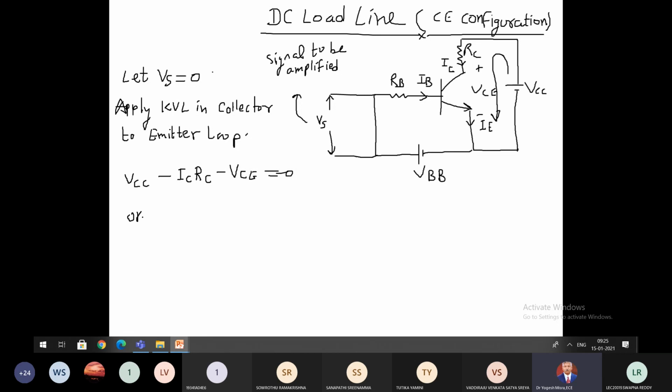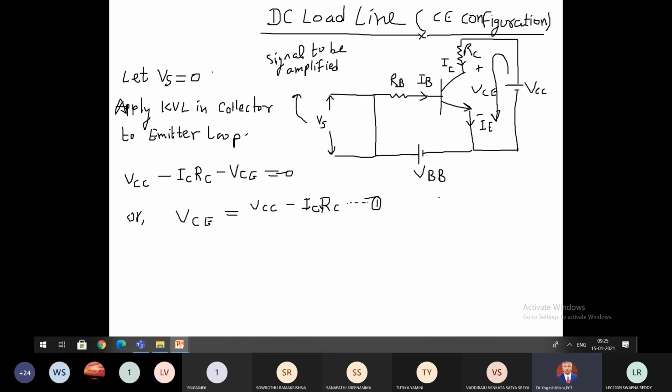Or we write this expression in terms of VCE. VCE is equal to VCC minus IC RC, right? We call it as equation number 1.